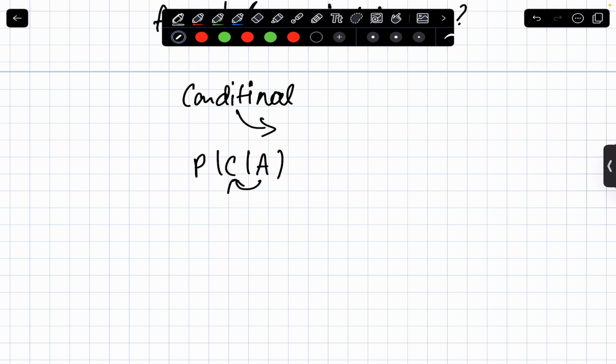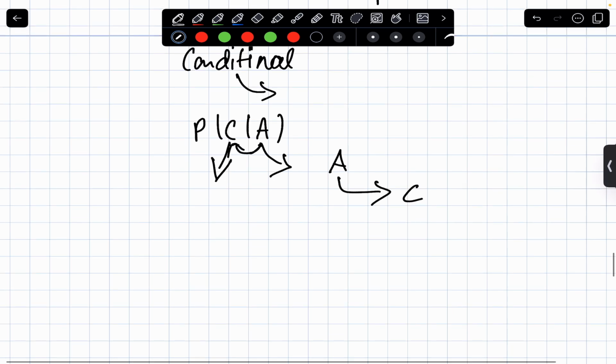If one event has already occurred, then the probability of another event changes. If A has already occurred, the probability of C will not be the same. We know that. But what if the probability of C doesn't change even if A has occurred?